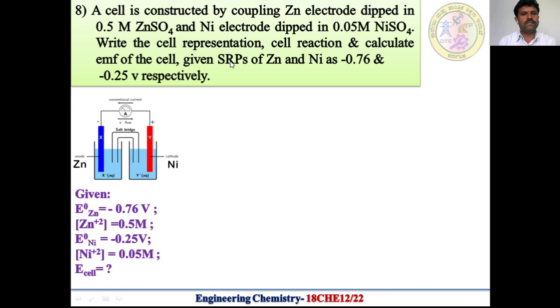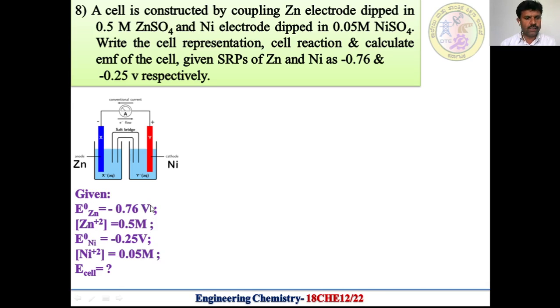The given standard reduction potentials of zinc and nickel are minus 0.76 and minus 0.25 volt respectively. The given values: standard electrode potential of zinc minus 0.76 volt, standard electrode potential of nickel minus 0.25 volt, concentration of zinc 2+ 0.5 molar and concentration of nickel 2+ 0.05 molar.